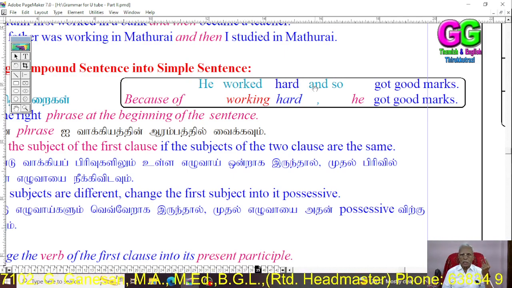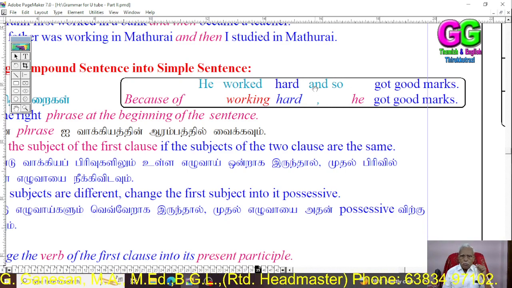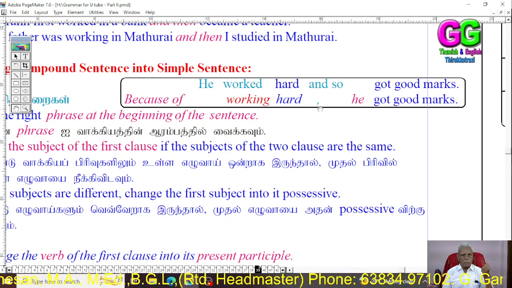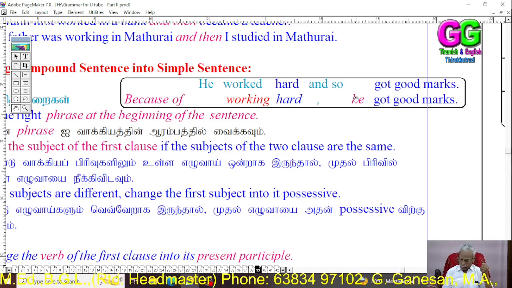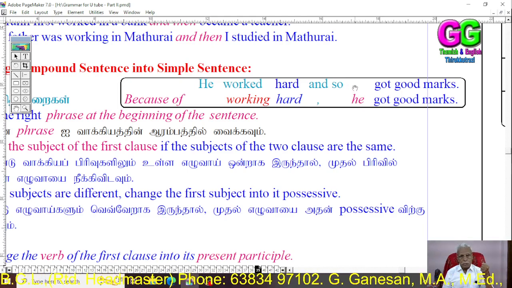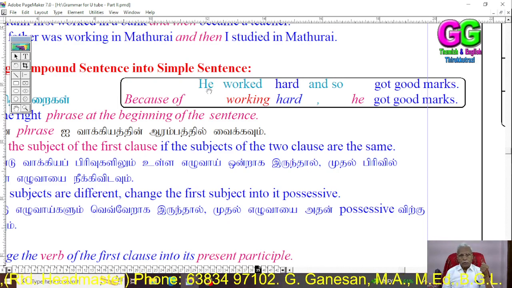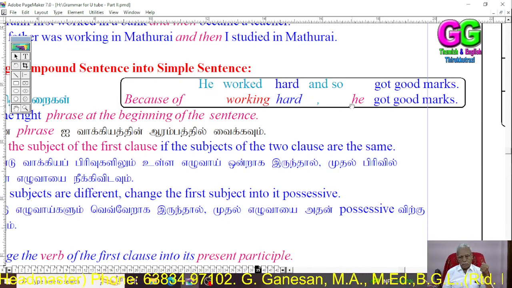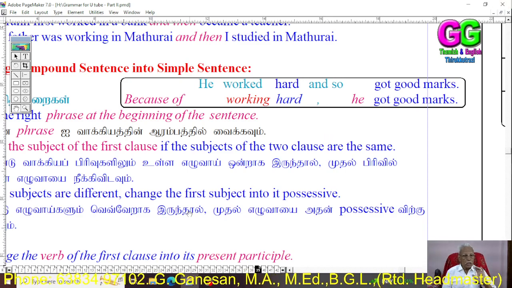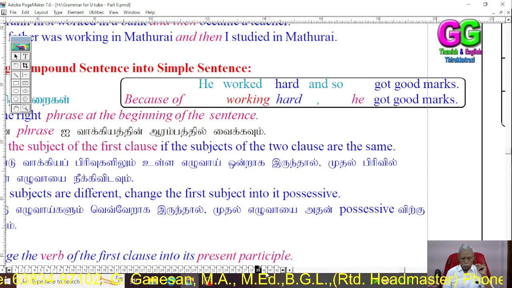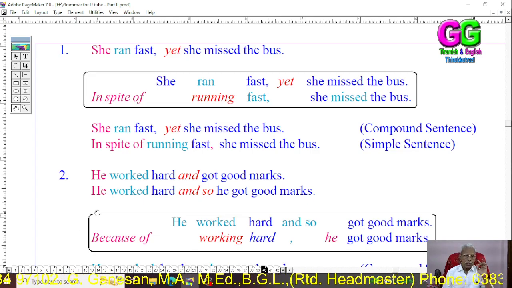Then fourth, remove the compound conjunction and place a comma. Fifth, if there is a subject in the second clause, keep it. If there is no subject, then bring the subject of the first clause into the second clause. That's all. These are the five changes we have to effect when changing a compound sentence into a simple sentence.